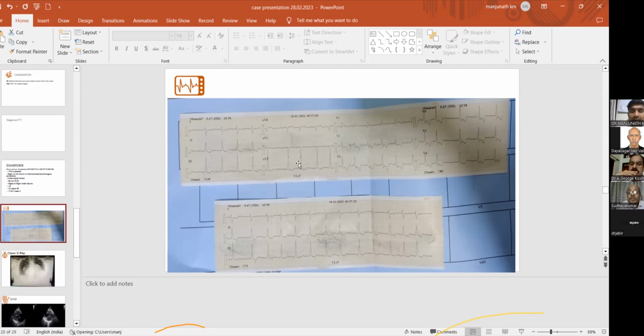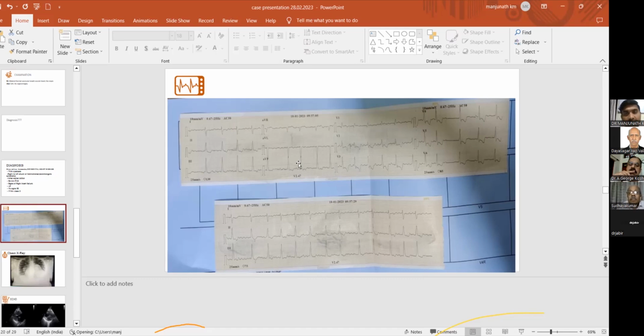Sir, in RSR, the second R should be more than... No, that is not the most important. The R by S ratio should be more than 1. But first things first, more important than that, it is here on this ECG.